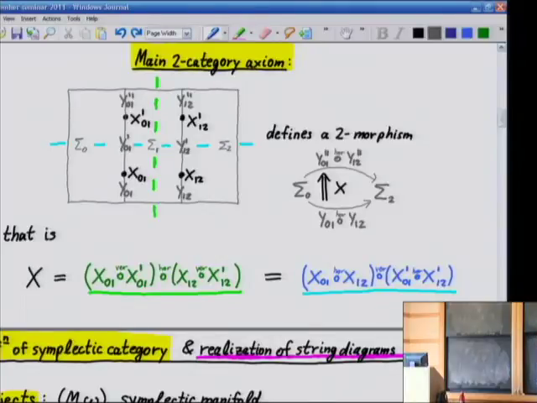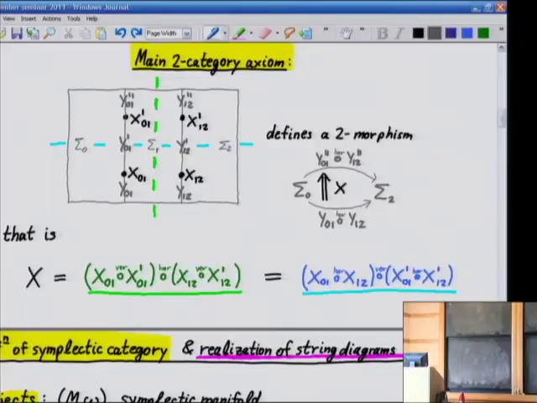I should think each of the Y's actually is now a Lagrangian. So each of the sigmas is a symplectic manifold, and each of the Y's is a Lagrangian correspondence. So then if I look at this outside here, I have 4 Lagrangians, right? 1, 2, 3, 4.